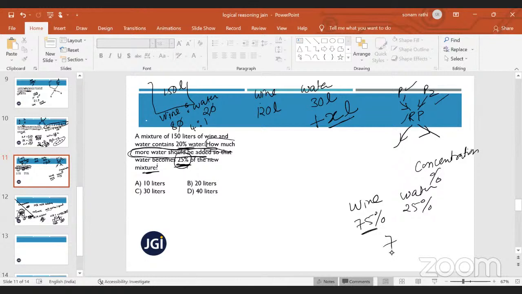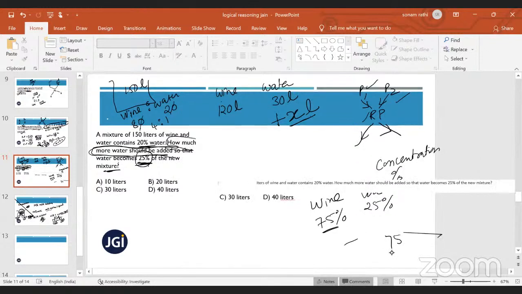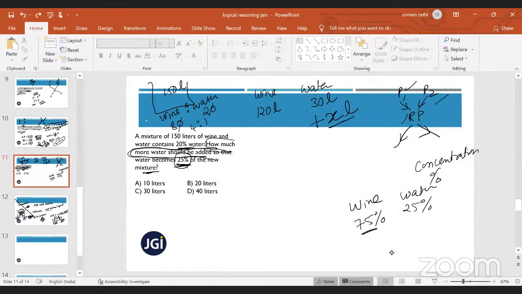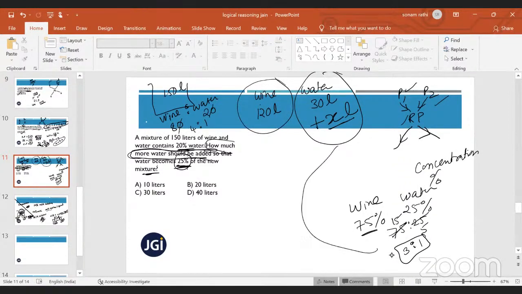So 75 is to 25, divided by 5, 15 is to 5, that is 3 is to 1. Now this is the configuration of wine and water, and we want to make it this.